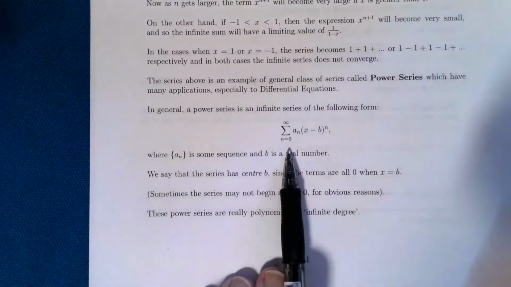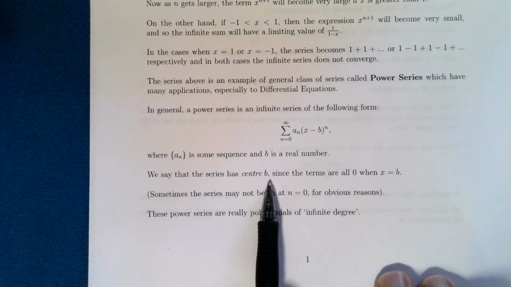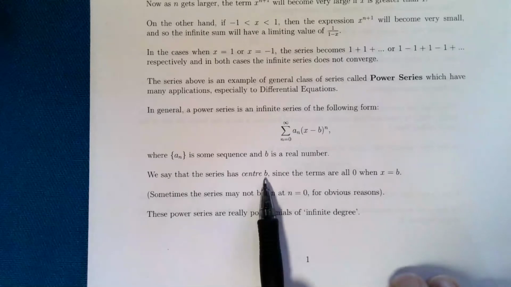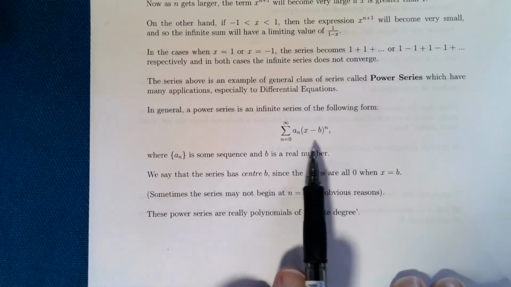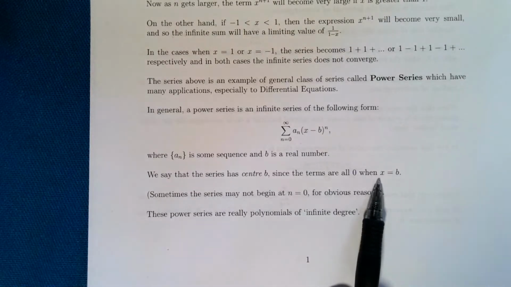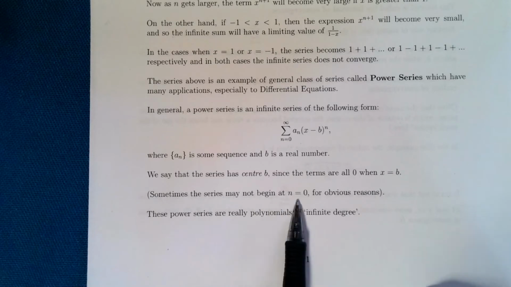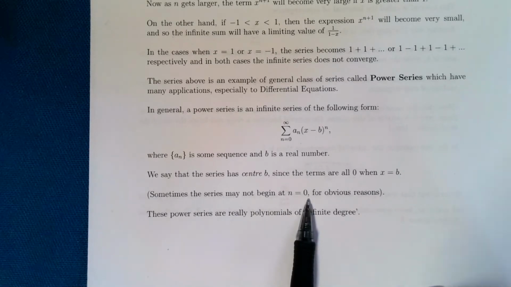Now, just to get some terminology, we say that the series has centre b, that's this number here, since when you put x as b in, all the terms are 0. And we're going to call that the centre of the series. By the way, sometimes the series may not begin at n equals 0 for obvious reasons in the context.